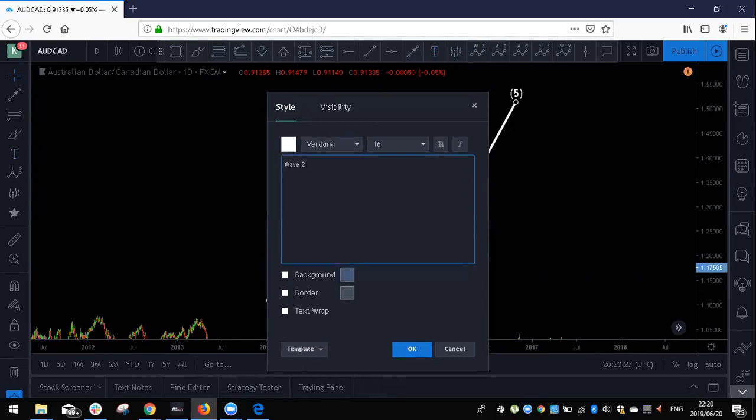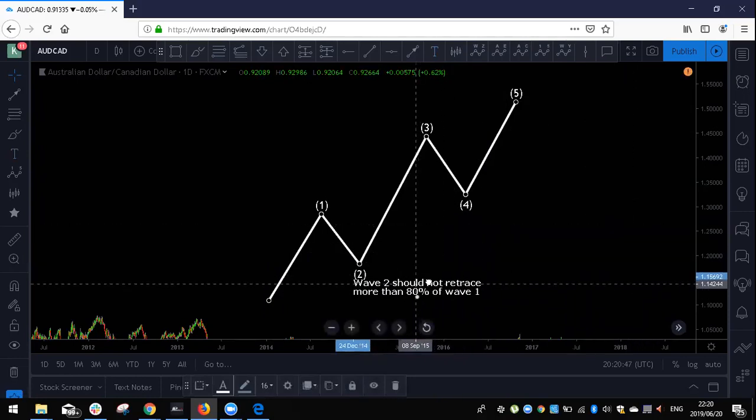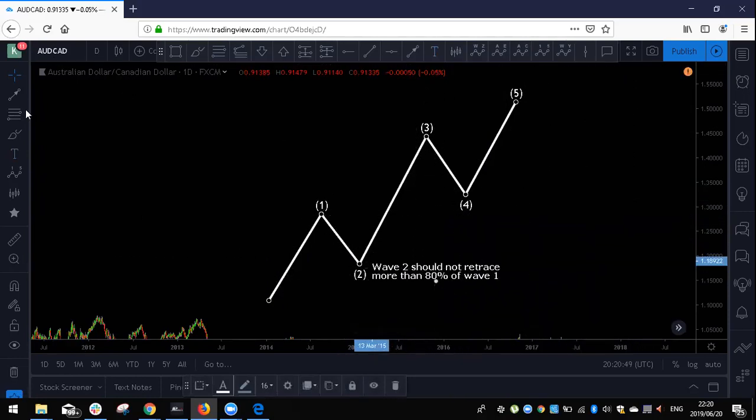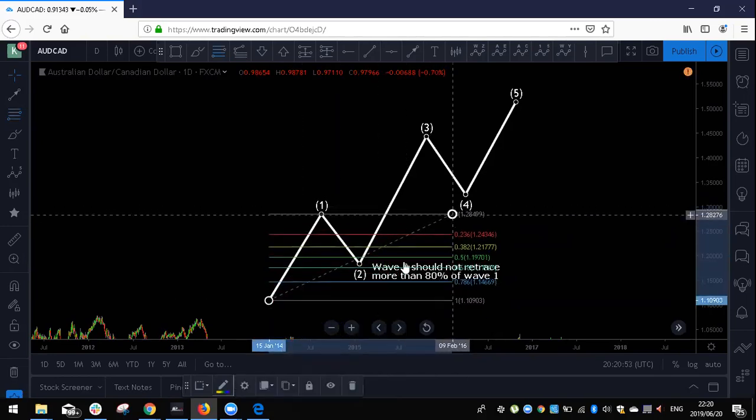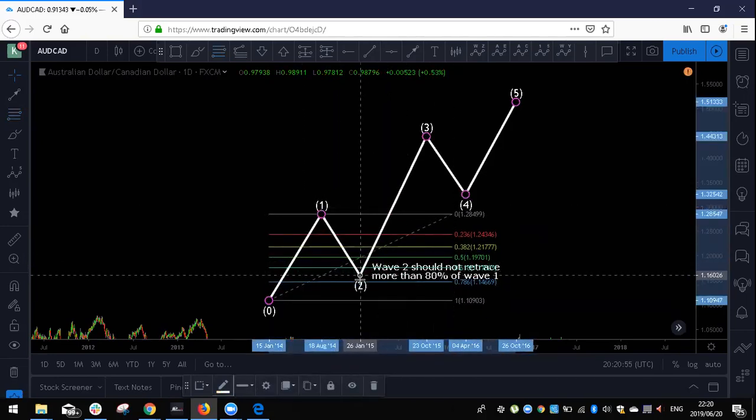Wave 2 should not retrace more than 80% of wave 1. So when you pull your Fibonacci like this, it shouldn't go more than 80%.